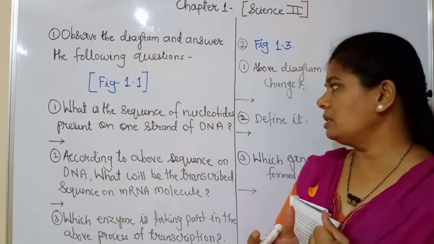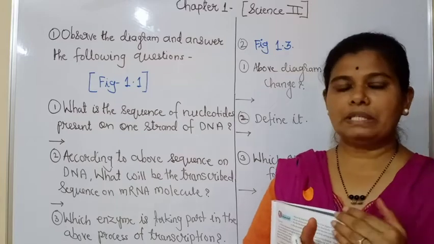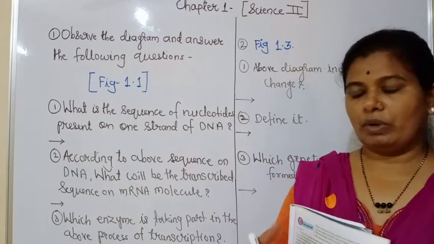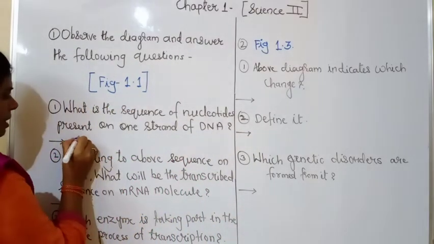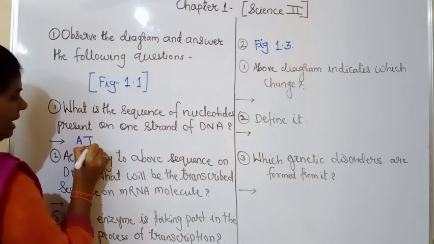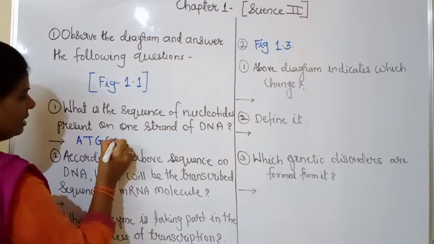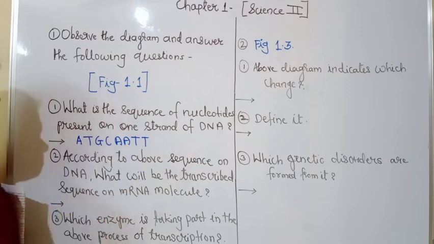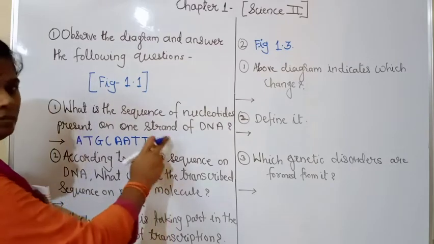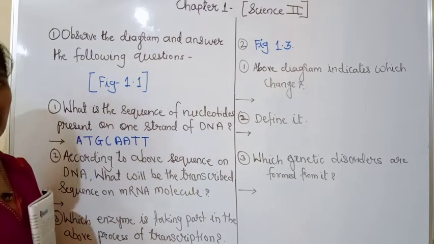So we have to tell what the sequence is on one strand of DNA. We'll write the answer depending upon this diagram. The sequence is ATGC double A double T. This is the sequence of the nucleotides on the one strand of DNA.